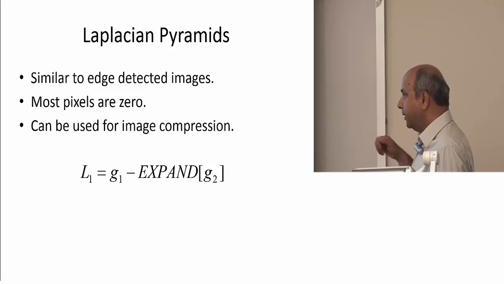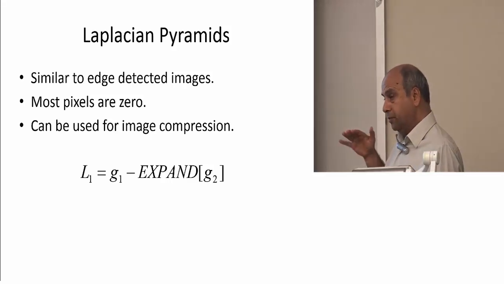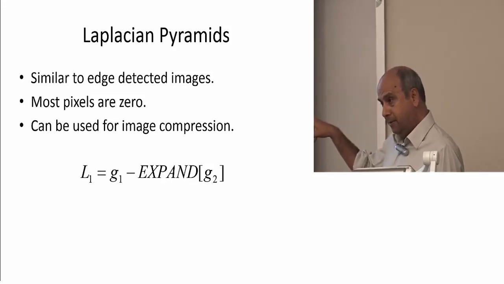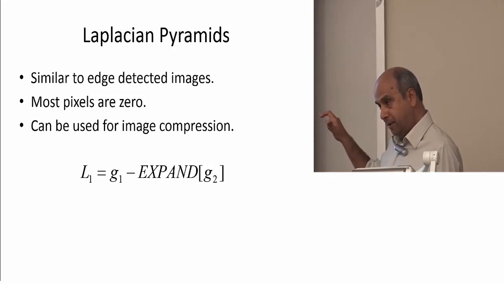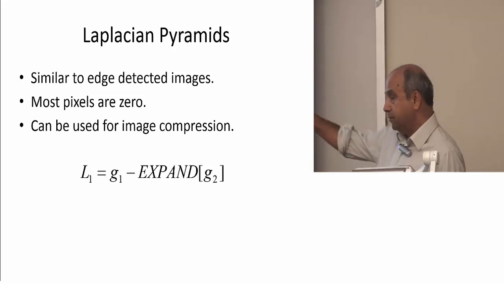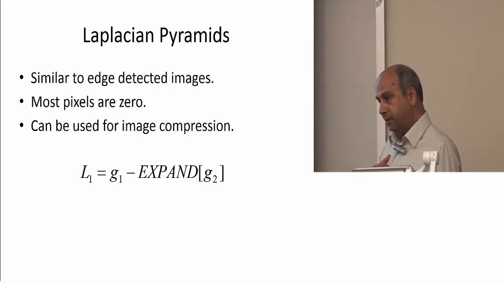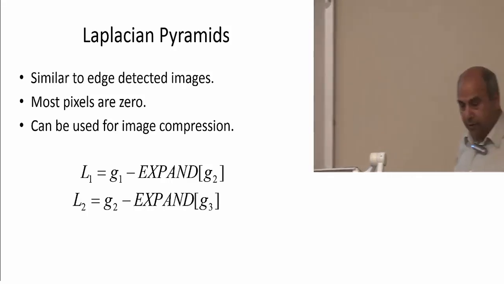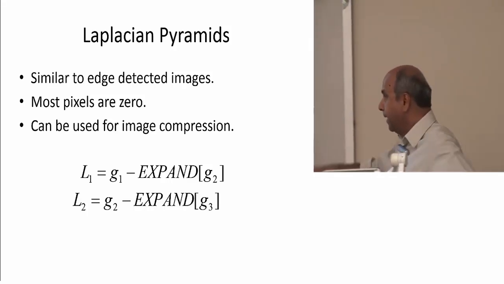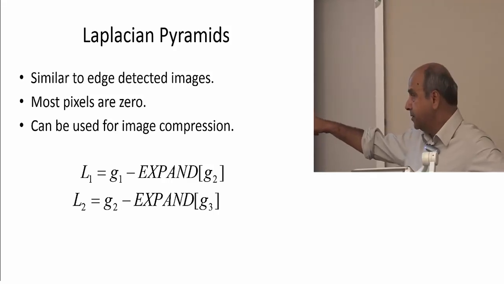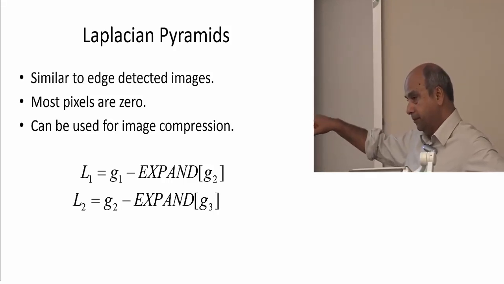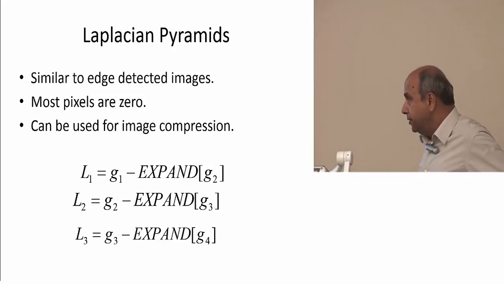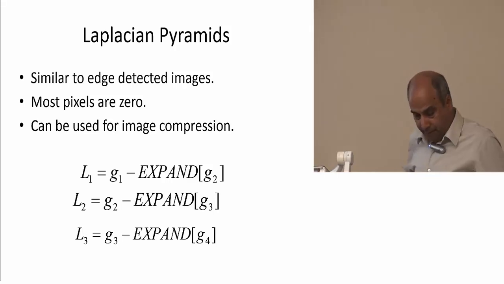The way we do it, take G2, which is one times reduce of G1, expand it, so now it has the same resolution as G1, and subtract it from G1, and it becomes the Laplacian L1. Same way you do L2: we take G3, expand it, subtract from G2, it becomes L2, and so on. So L3 will be G3, expand G4, subtract it.